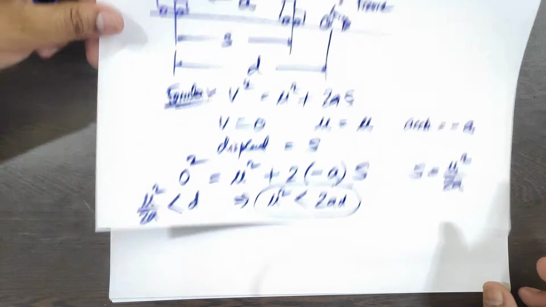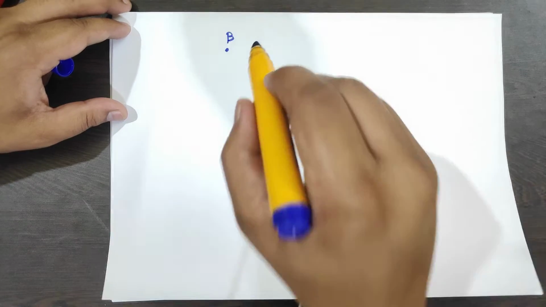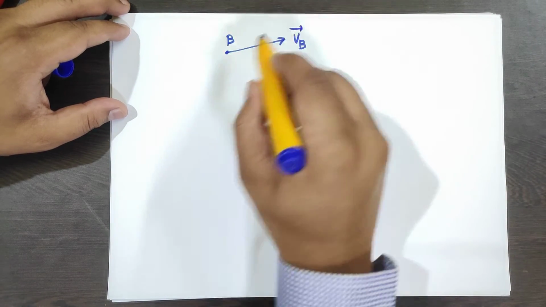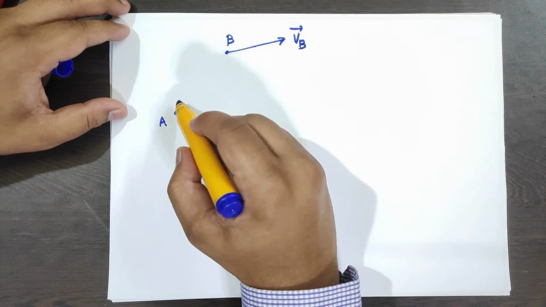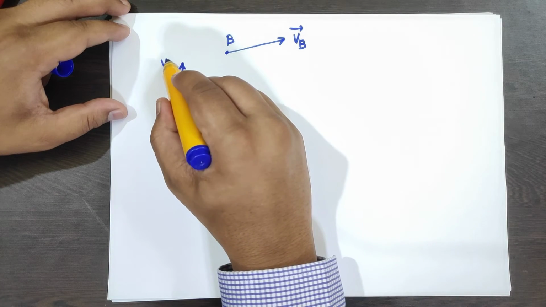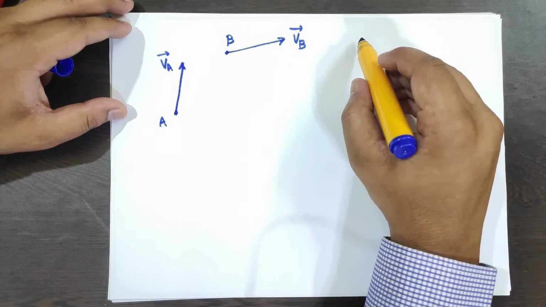Now this method of relative motion holds for 2-dimensional and 3-dimensional motions also. Suppose B moves with a velocity vb and A moves with a velocity say va, in 2D or 3D motion, whatever.